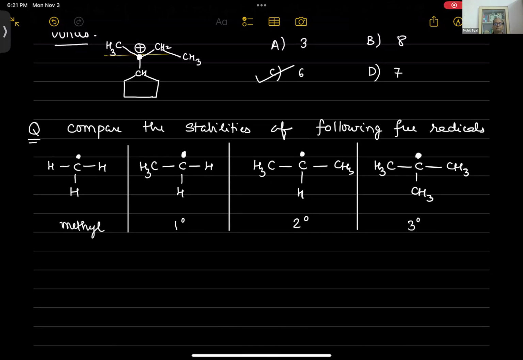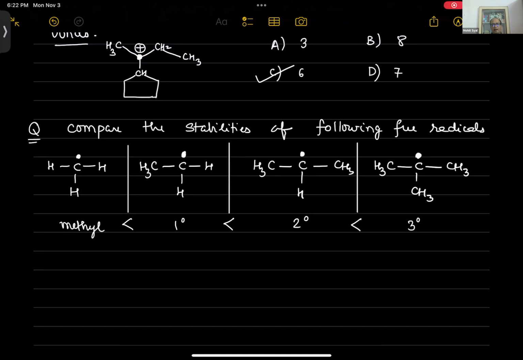You are going to have more stabilization with the presence of methyl groups. They are going to exert more plus I effect. Okay, this is one thing.